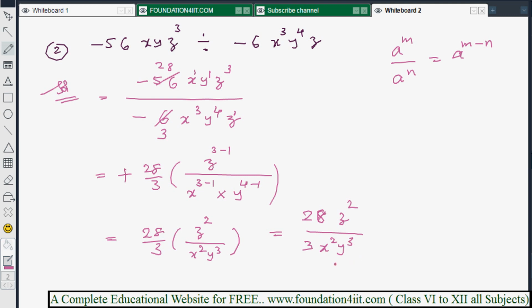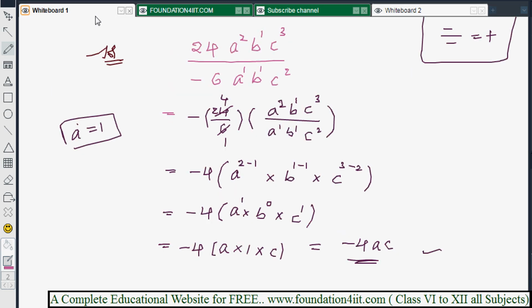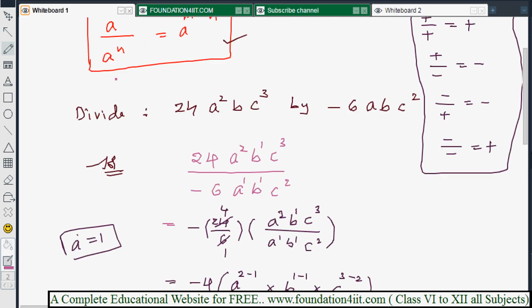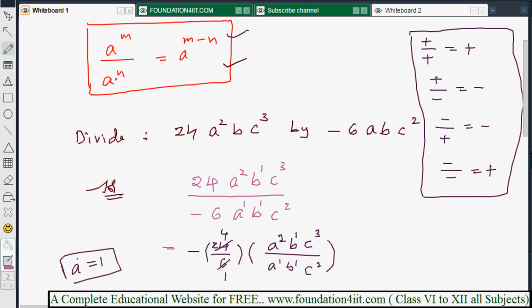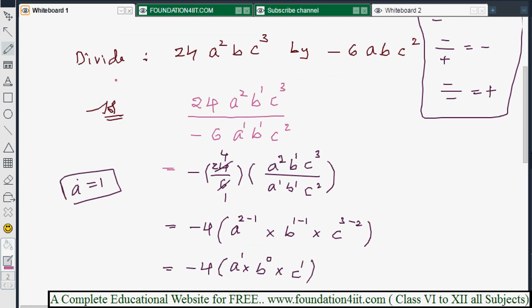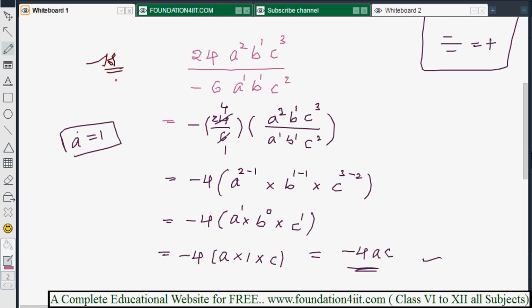So we can stop in this way. This is the way we can simplify any given values. Using this formula, plus divide by plus. We can do the numerical part and variables part separately. And this concept will apply even when you are doing division of a polynomial by a monomial. I'll explain it now.